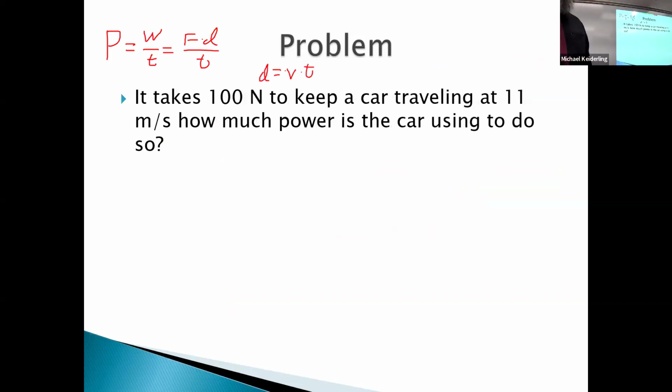If it takes 100 newtons to keep a car traveling at 11 meters per second, how much power is the car using to do so?